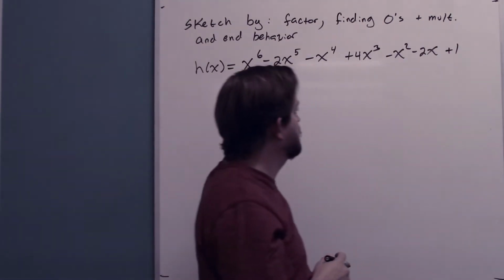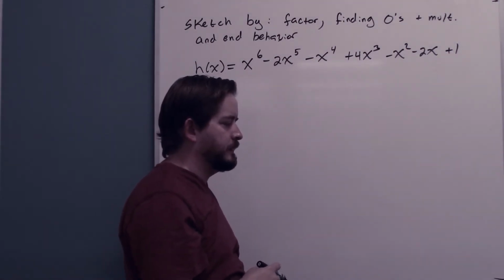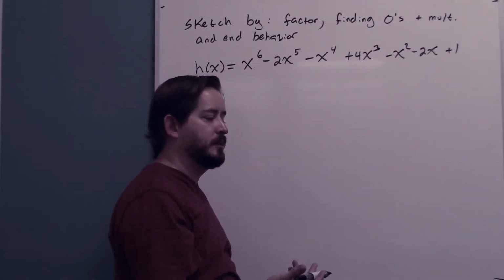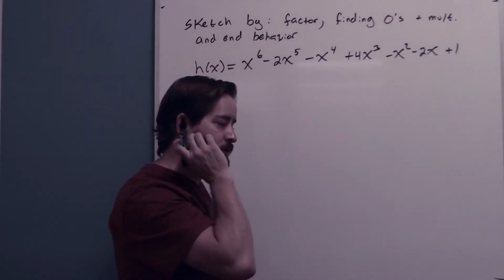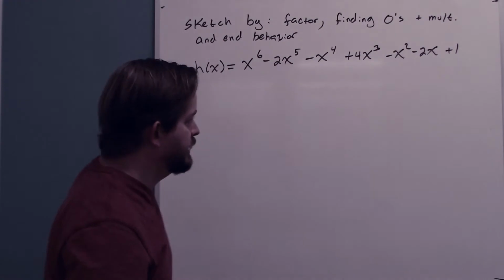Actually, this one turns out to be not terribly the hardest one. G of x might be, because there's more options for the division. But we're already into it, so let's keep moving.